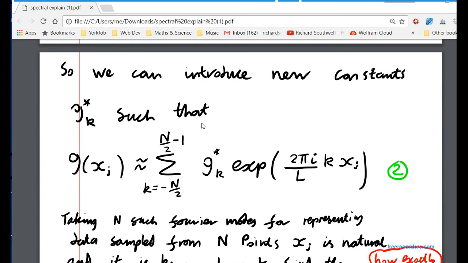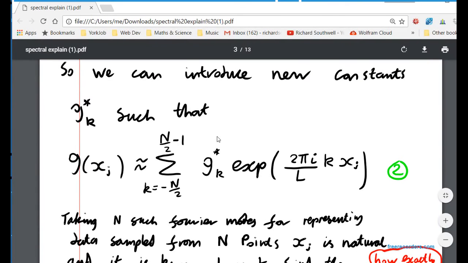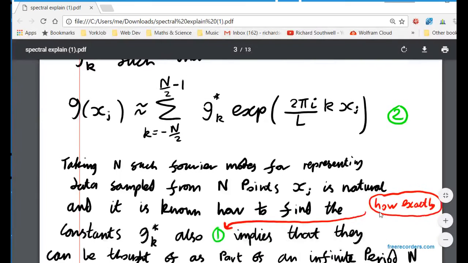The only other thing is that, as we've already said, these exponential terms are going to be period n with respect to k. So what we can do is think of these multipliers, these weights gk star, as also being period n.